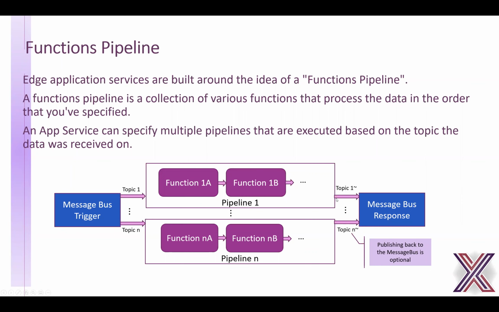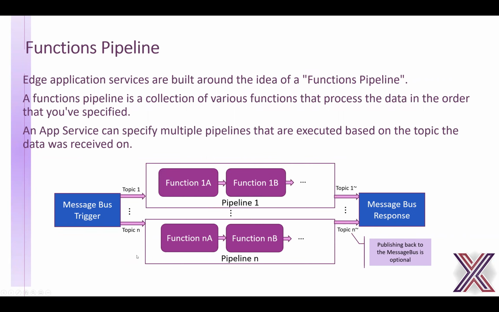And then at the end of the pipeline, it can then pass the data back to the response for the trigger, which in this scenario is the message bus. But it doesn't have to. Publishing back to the message bus is optional. It could just end with a function that maybe is an export. And so you're exporting it out of EdgeX, so there's no reason to publish it back to the message bus.